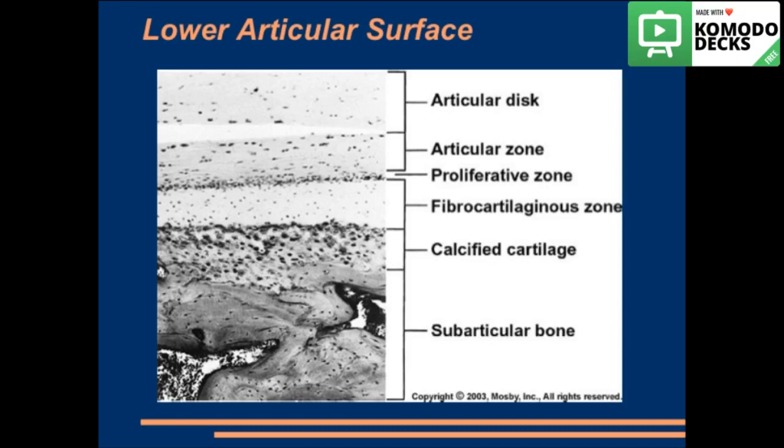The next zone is the proliferative zone that provides cells to replace cells of the surrounding layers. Next is the fibrocartilaginous zone, where we see some chondrocytes in the calcified cartilage layer.